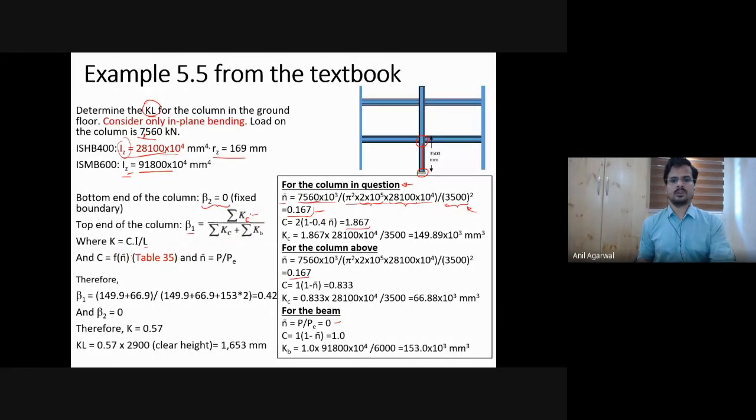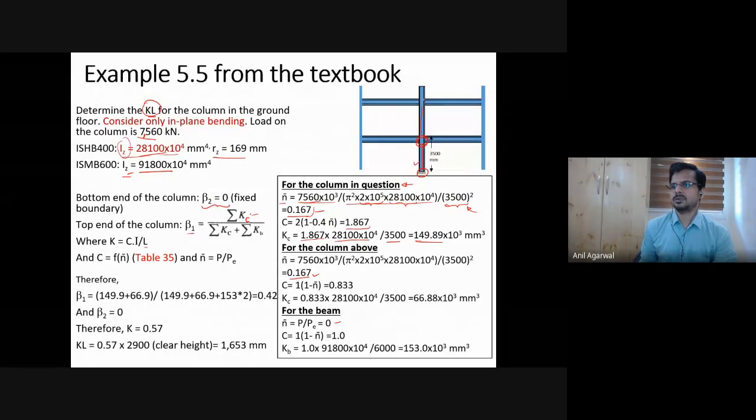C, I have got 1.867. I already know I for this column, and divided by L. That is this much. Now moving to the column above, we had calculated n bar for this column. Now for the C for that column, I'm looking at the beta value here.